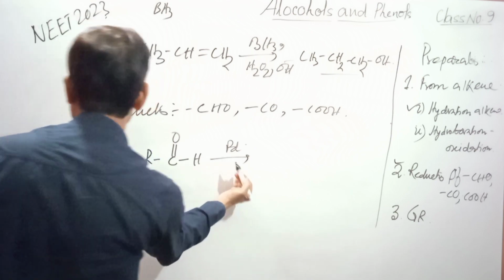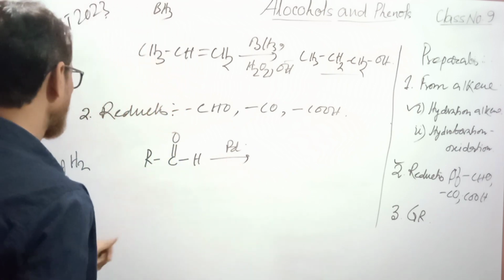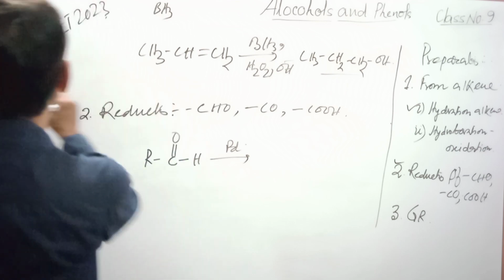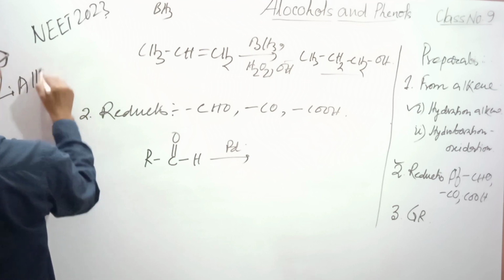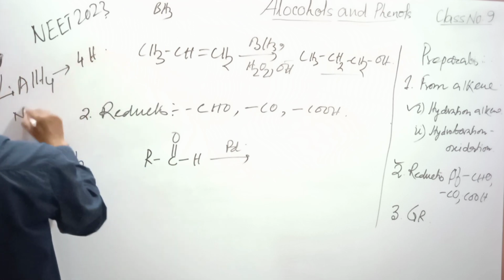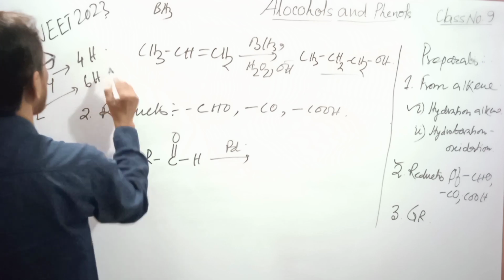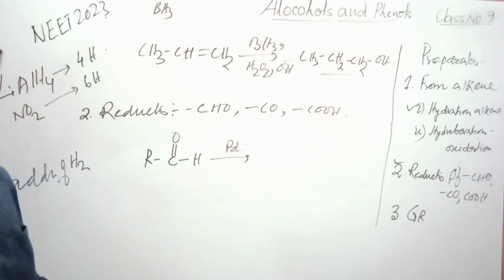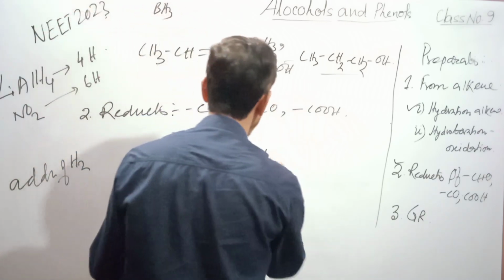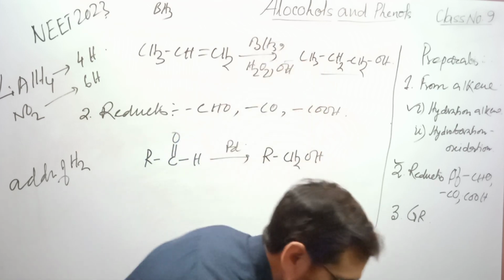Keep in mind that whenever hydrogen is getting attached, there are some rules. If lithium aluminum hydride is there, it is very important, 4 hydrogen will attach. In other cases, you will add only 2 hydrogen. If you add 2 hydrogen, your result is RCH2OH.